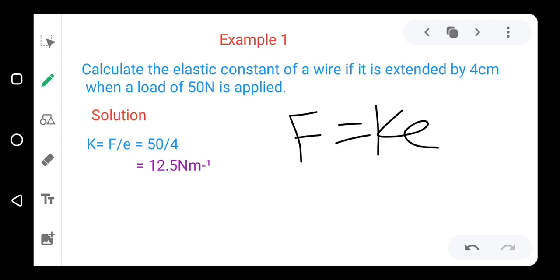If we make K the subject, which is what we are looking for, the elastic constant, it becomes K is equal to F over E. Now we divide the force by the extension, which gives us 12.5.